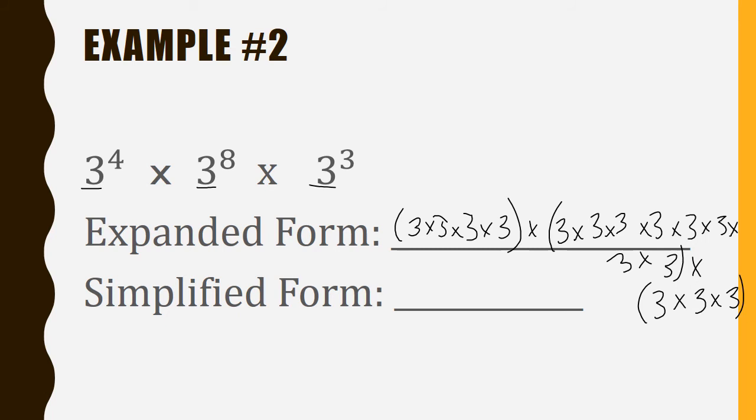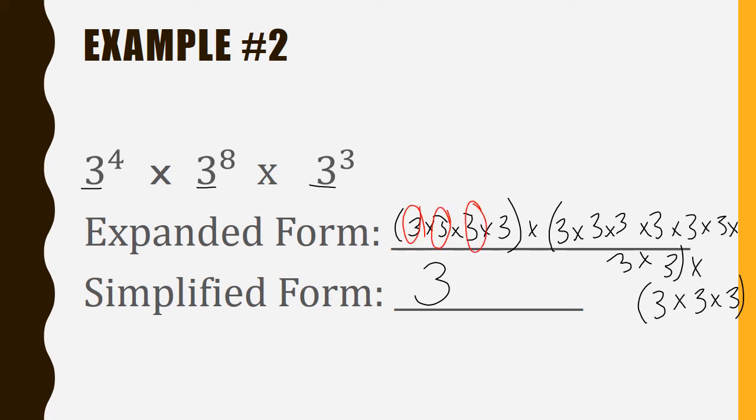So for this one, now that we've written out 3 to the 4th, 3 to the 8th, and 3 to the 3rd, and they're all being multiplied together, let's count how many total we have. So our base on our answer is still going to be 3, but we have to figure out 3 is being multiplied how many times total.